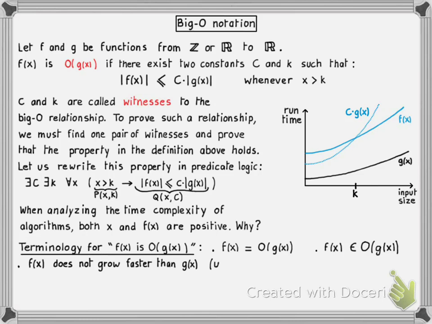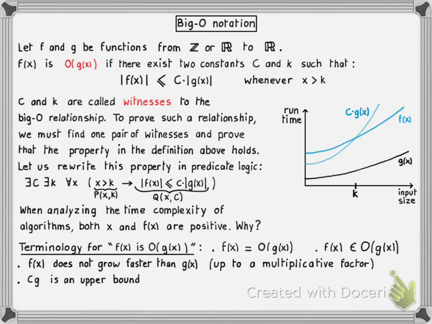So one way to say that in English is up to a multiplicative factor. But the point is that f of x does not grow any faster than c times g of x, because starting for some value of x equal to k and higher, f of x is always below c times g of x. So it doesn't grow as fast as c times g of x. It grows slower. That's what the big O relationship means.